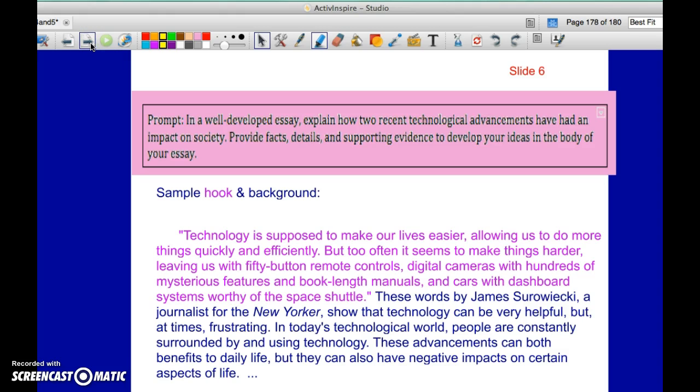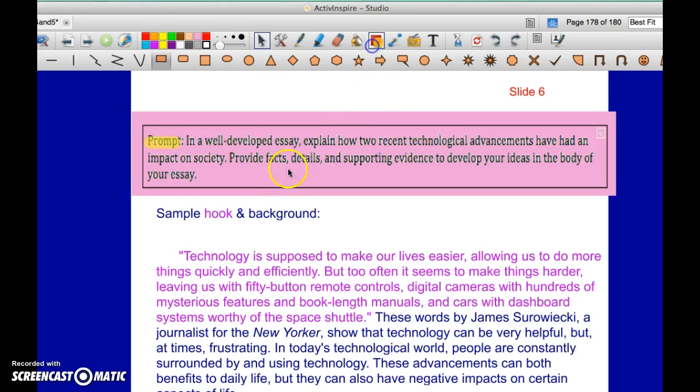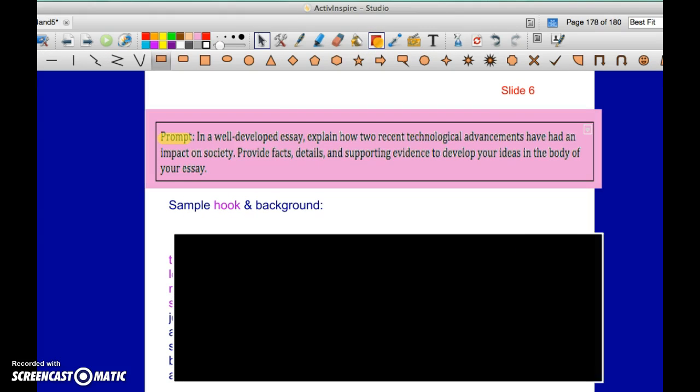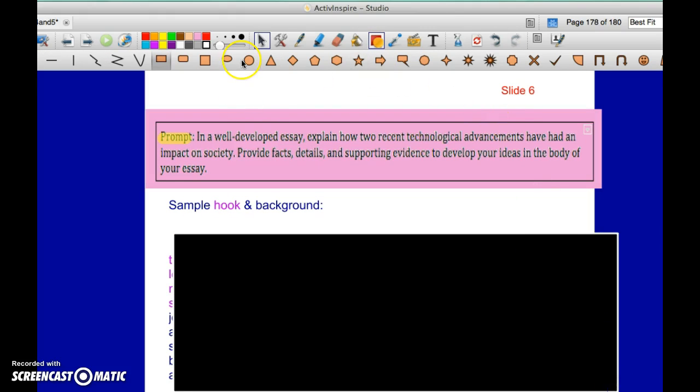Slide 6 has our prompt, so our actual assignment that we're writing about, and a sample hook and background. I really quickly want to remind you of the prompt. The prompt is, in a well-developed essay, explain how 2 recent technological advancements have had an impact on society.